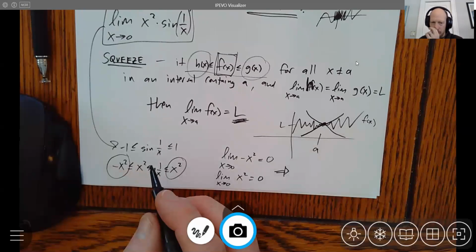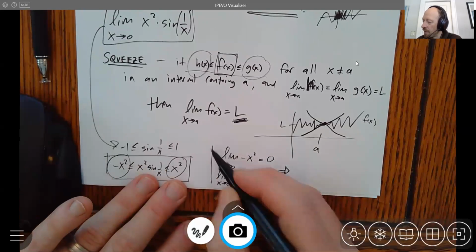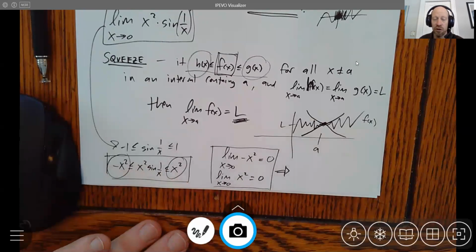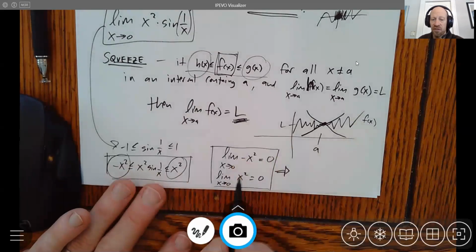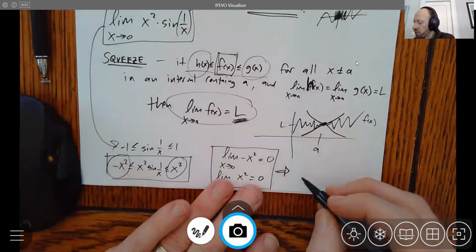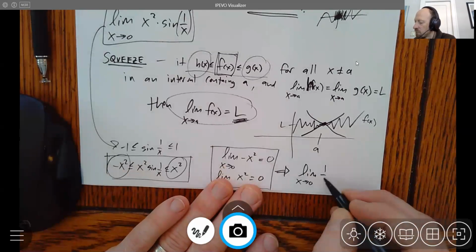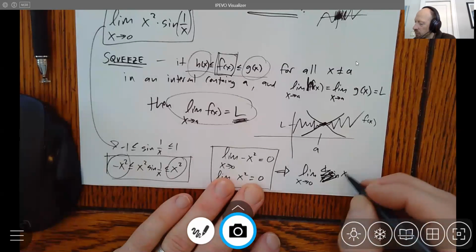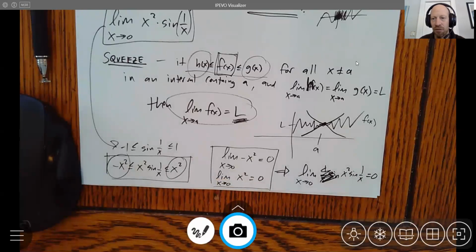These two facts together, the fact that my function is bounded by both of those and that both of those are going to 0, those are the conditions for the squeeze theorem. Since I met both of those conditions, that gives me the conclusion. The conclusion is that the limit of x squared sine of 1 over x, that was my bounded function, is also equal to 0.